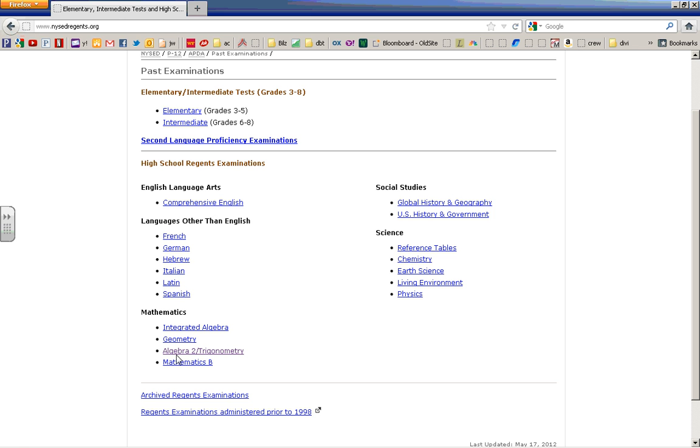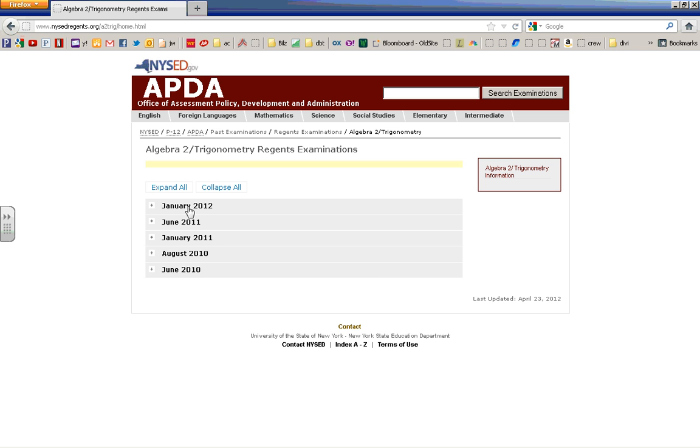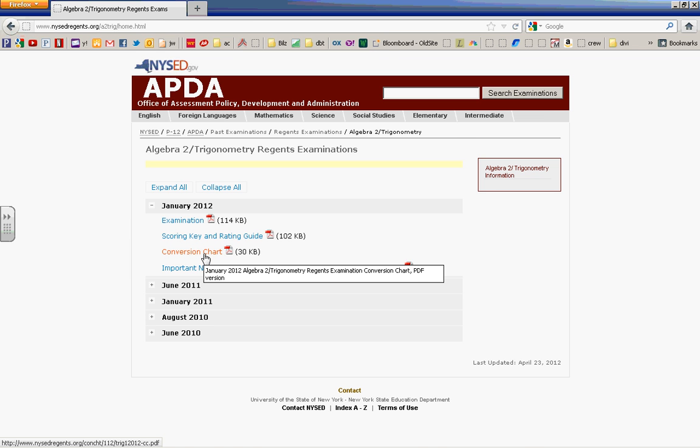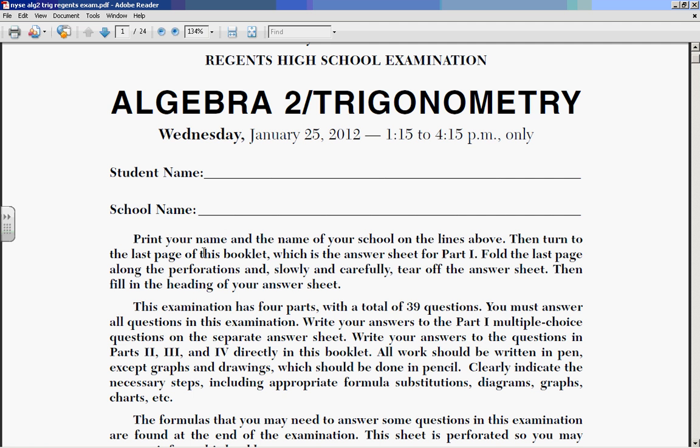The one I'm working on right now is the Algebra 2 Trig, so if you click on that, the January 2012, expand that, and then if you click on examination, you get the document that I'm working on. And the answer key and the scoring guide is also included. All right, so there you have it. Let's go ahead and get started going over questions 1 to 10.